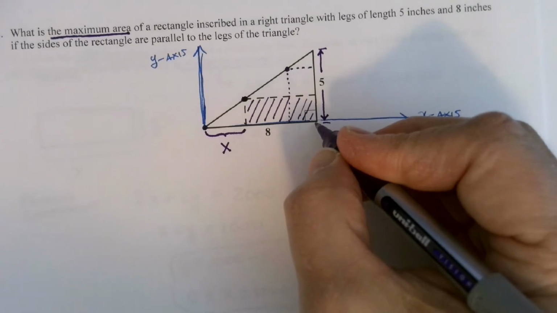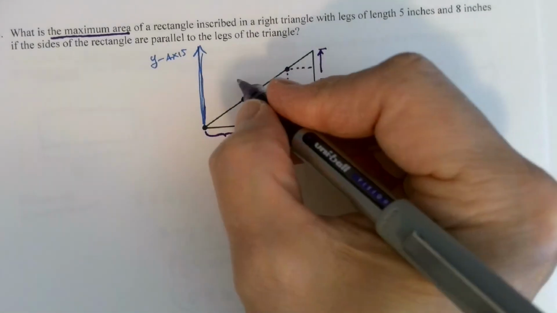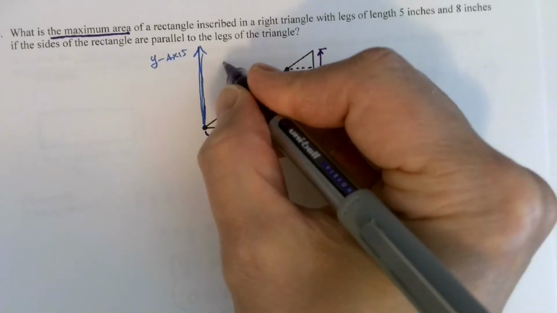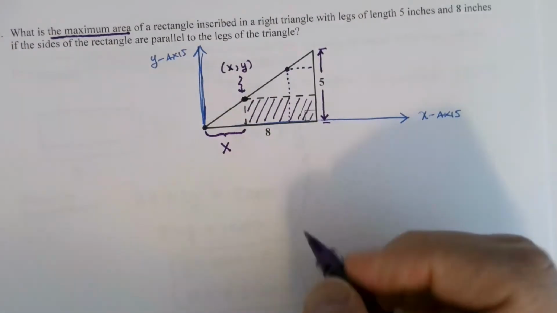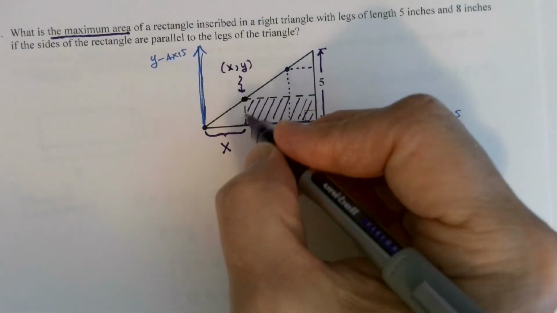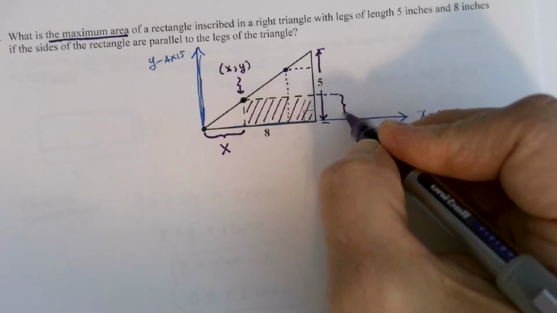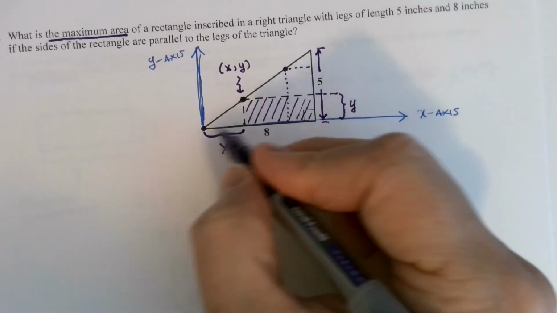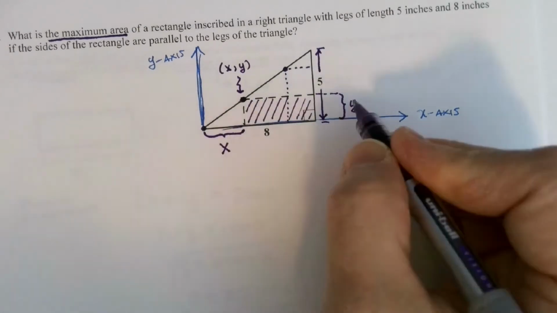So here's x equal 8. And so the coordinates of this point, let's just call it x comma y. So that length is x, and this, which is basically the height of our rectangle, isn't it? That's the y value, right? So that point has coordinates x comma y. This is x, and this is y.